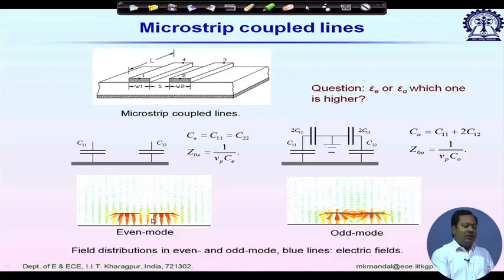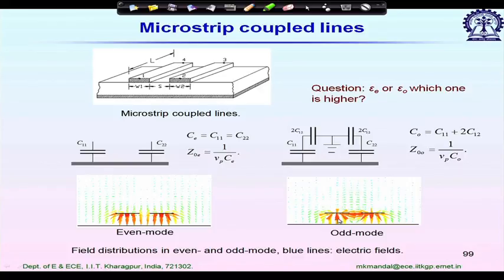So, we call the characteristic impedance when we are exciting in even mode Z0E, or even mode characteristic impedance. Similarly, in odd mode we can define another characteristic impedance, which will be different since the electric field orientation is changing, and in that case we will call it Z0O, or odd mode characteristic impedance.